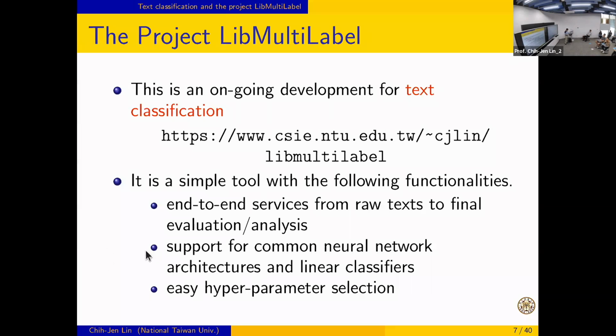Then, of course, we support common neural network architectures. And some basic things like linear classifiers are included. And hyperparameter selection is important. Therefore, we try to include the functionality of easy hyperparameter selection.